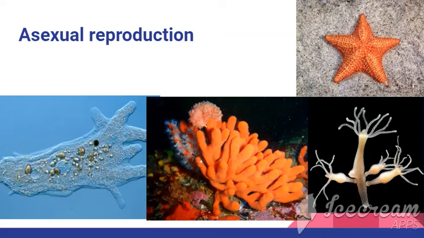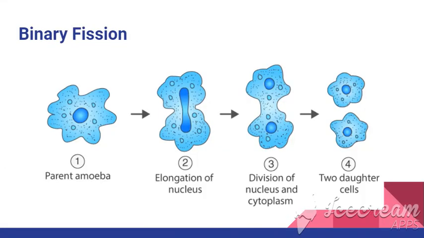And in asexual reproduction, only a single parent is involved in producing new organisms. And in amoeba, the binary fission takes place.